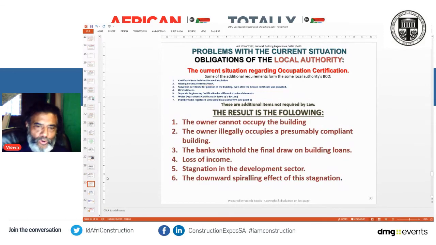What problem does this then put forward? The problem is that the owner cannot occupy his building legally. Or if he does occupy the building, he's then illegally occupying a presumably compliant building, because a glazing certificate does not show whether the building is compliant.